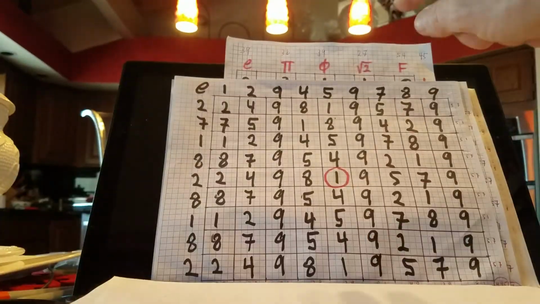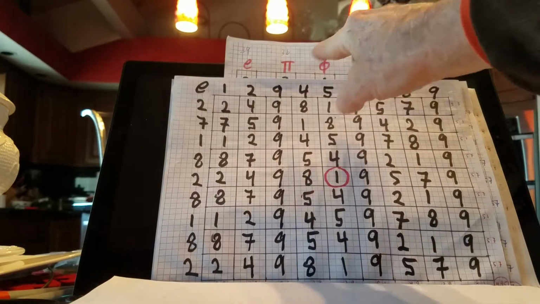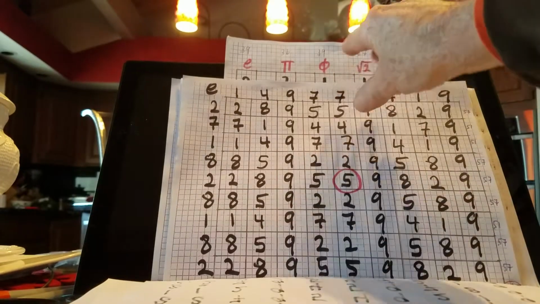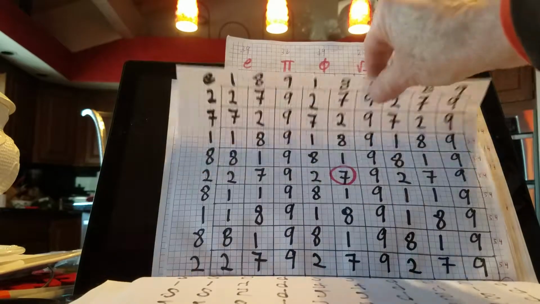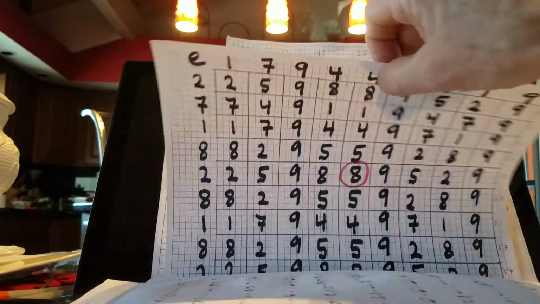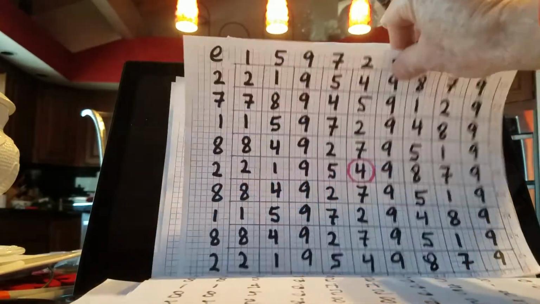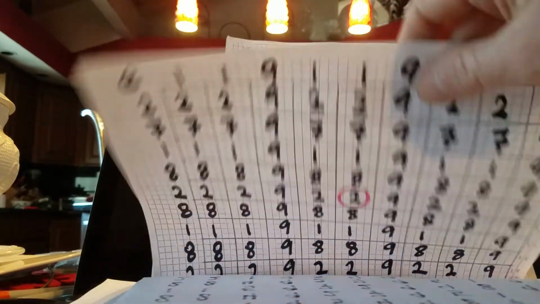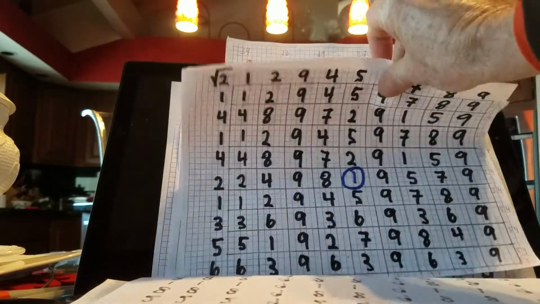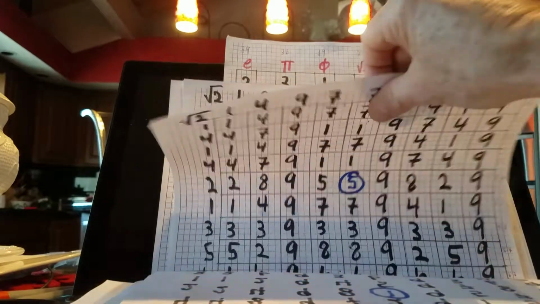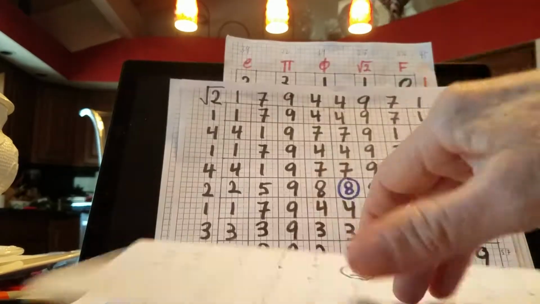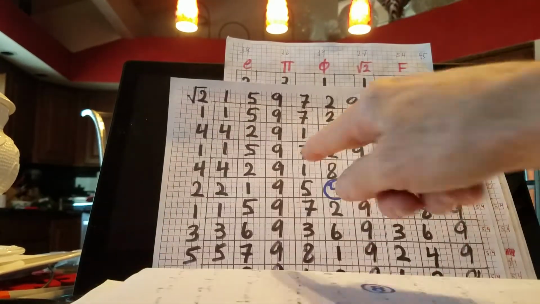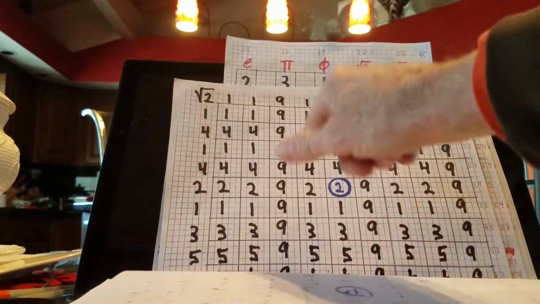And now the natural logarithm e, 8, 5, 2, 8, 5, 2. Square root of 2, 8, 5, 2, 8, 5, 2.